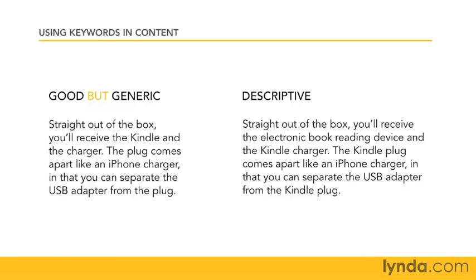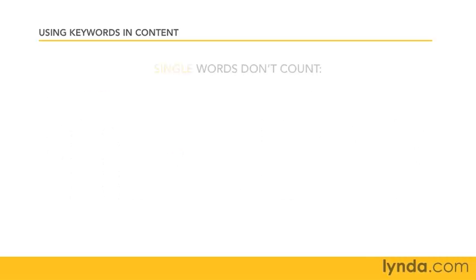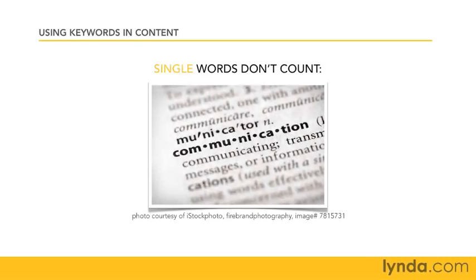Then we say the Kindle plug, because it's not just a plug, it's a Kindle plug, comes apart like an iPhone charger in that you can separate the USB adapter from the, what kind of plug? Kindle plug. It's as simple as that to get lots of keyword phrases into just a couple of sentences just by being more descriptive.